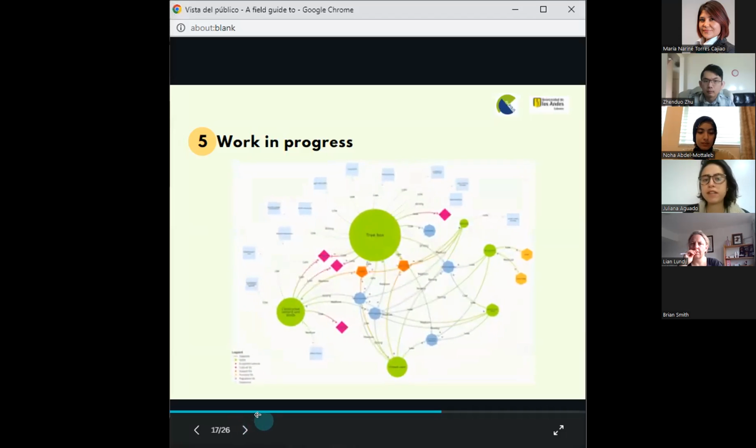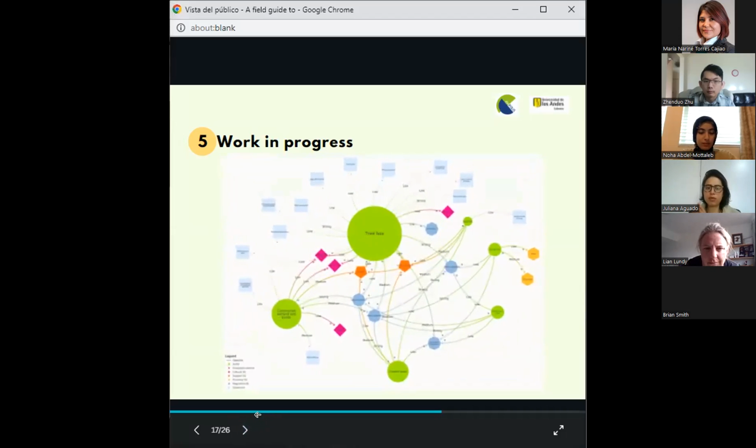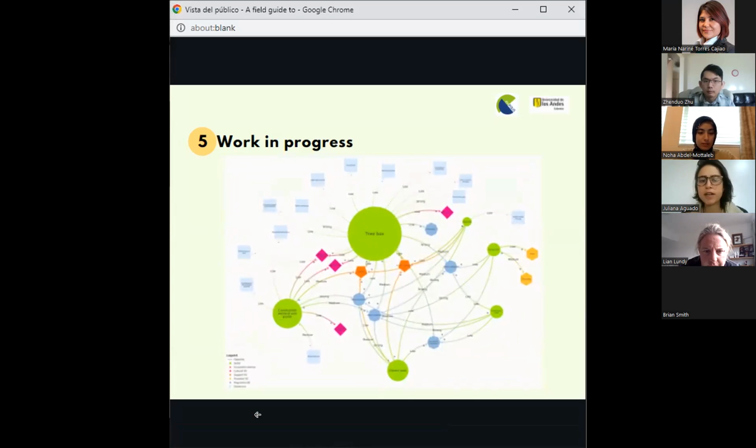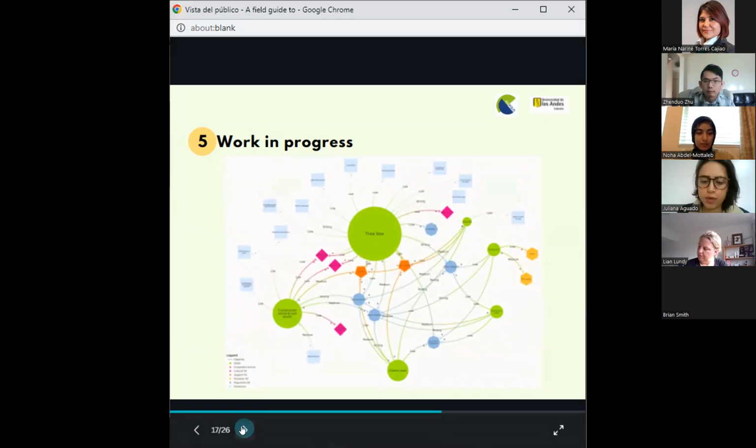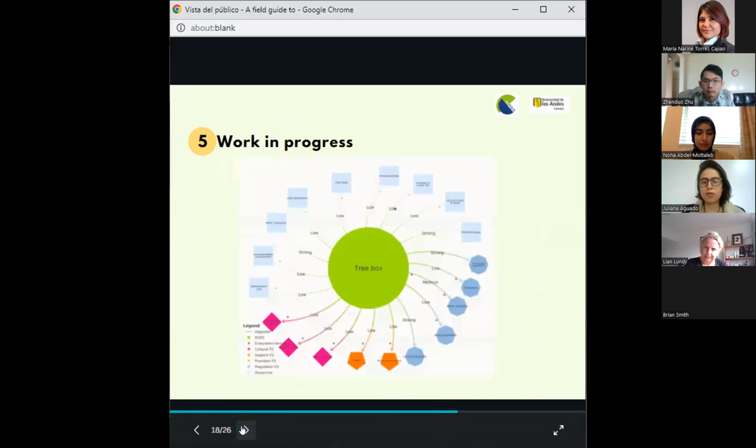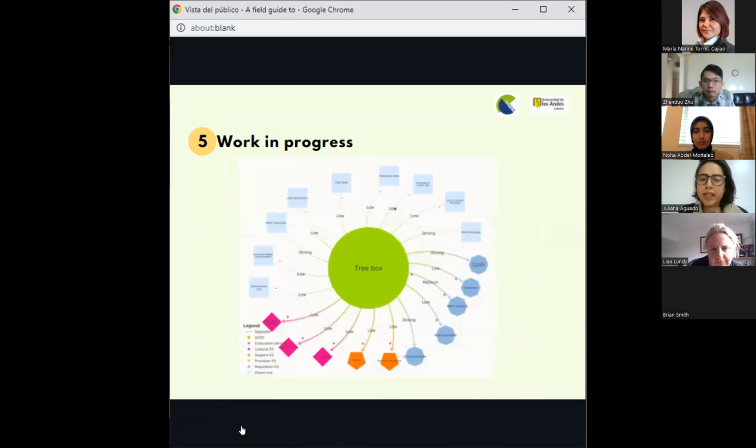We also identified not just the ecosystem services related with the NBSs, but also the type of services, and we try to analyze the relationship among all the types of NBS that we are reviewing. So, for example, here we can see the main ecosystem services generated by tree boxes, which are air quality regulation, climate regulation, and water quality regulation.